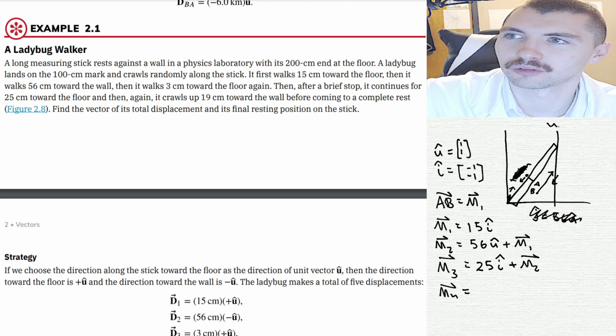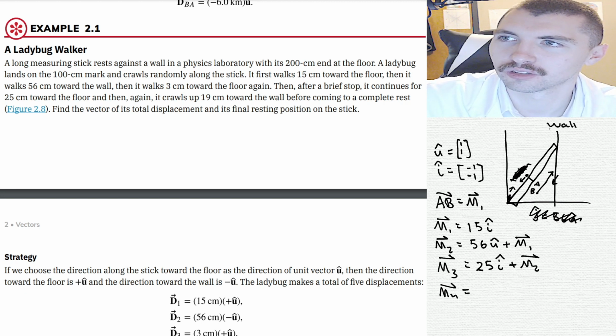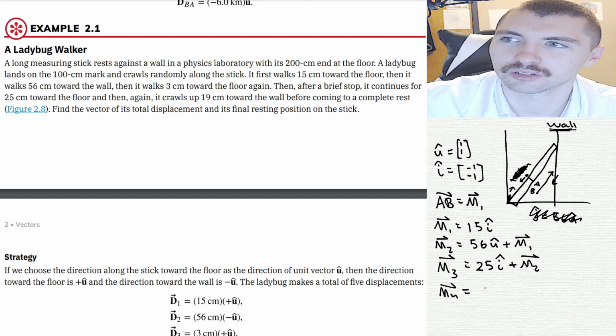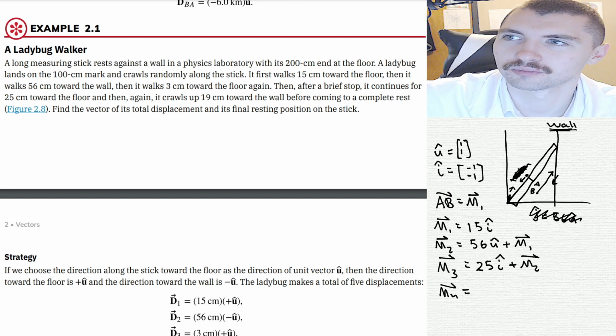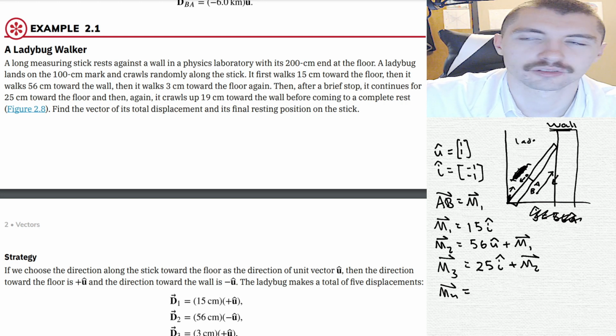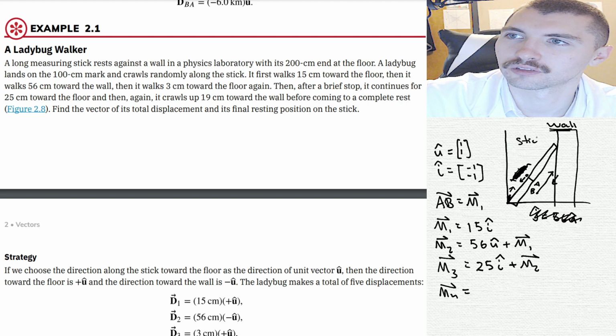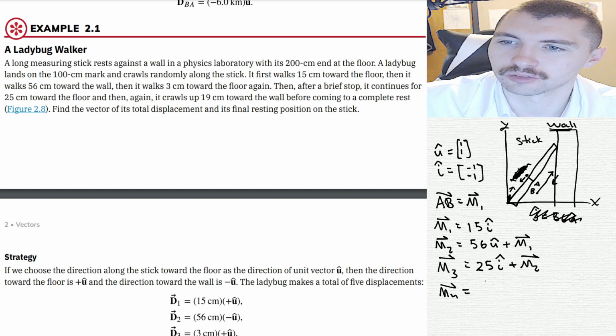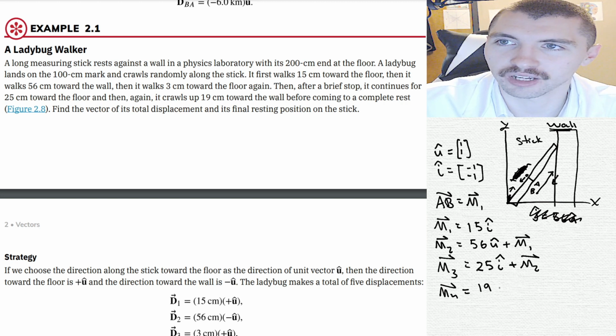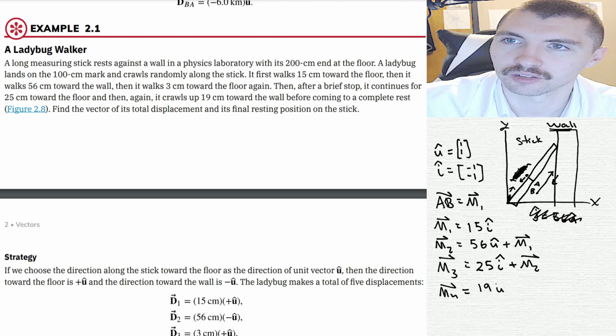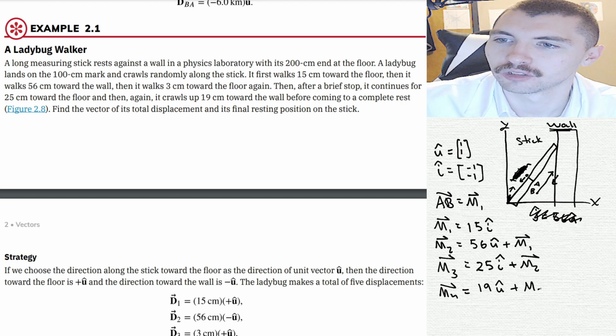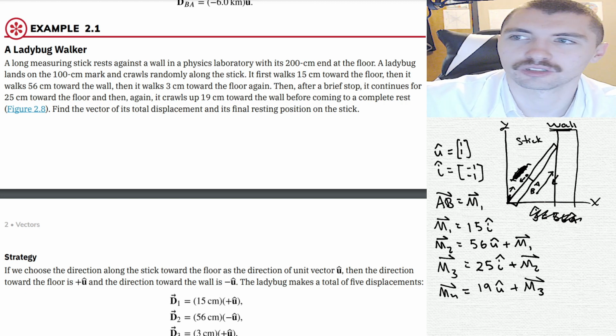So this is the wall, and this is the ladder. So M4 is going to be 19 towards the wall, so that's going to be U hat, 19 in the direction of U, going towards the wall, plus our last position.